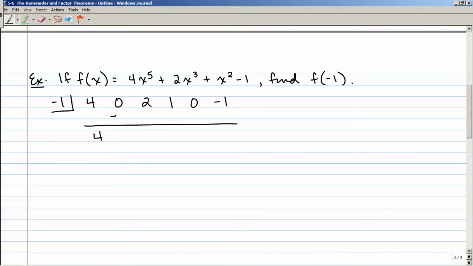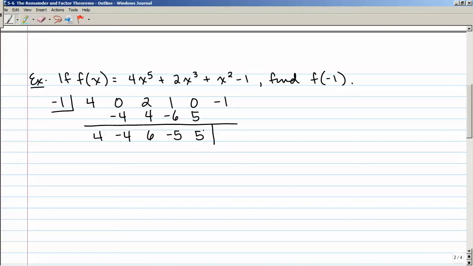Negative 1 times 4 is negative 4. Add those, negative 4. Negative 1 times negative 4 is positive 4. Add those, 6. Negative 1 times 6 is negative 6. Add those, negative 5. Negative 1 times negative 5 is 5. Add those, it gives me a 5. Here comes my remainder.